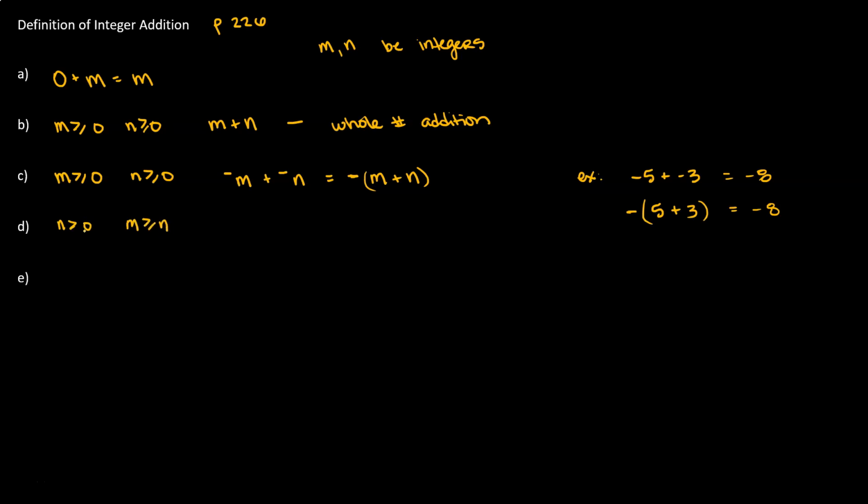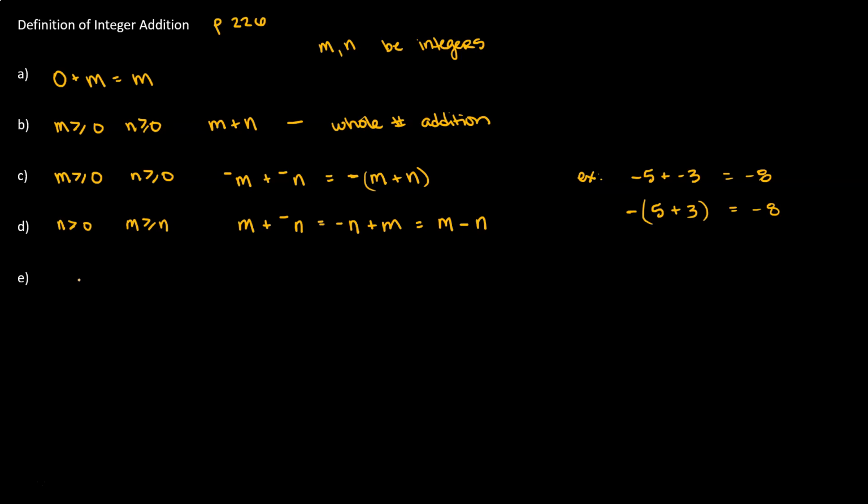So if n is positive, and m is even bigger than n, then we can write m plus the opposite of n. Remember, n is positive, so the opposite of n would have to be a negative integer. We can use the commutative property of addition to write the opposite of n plus m. Those would be the same calculation. But then we can also write this as subtraction, m minus n. So adding a negative is equivalent to subtraction.